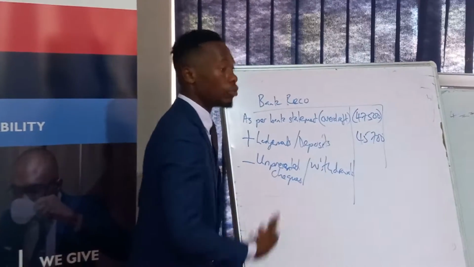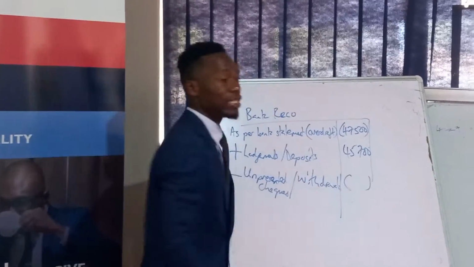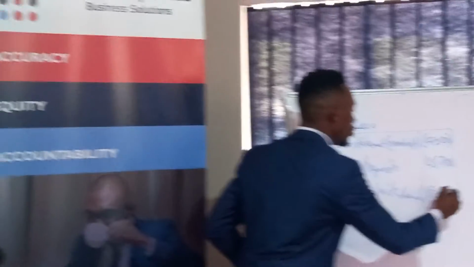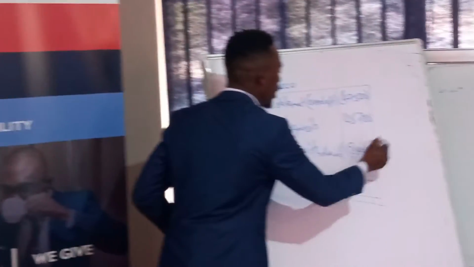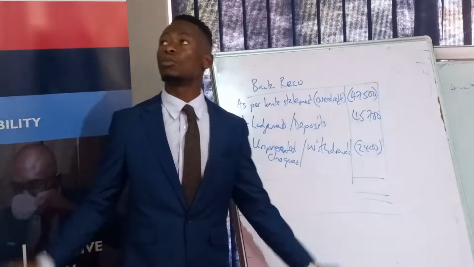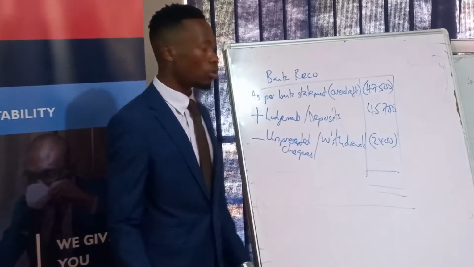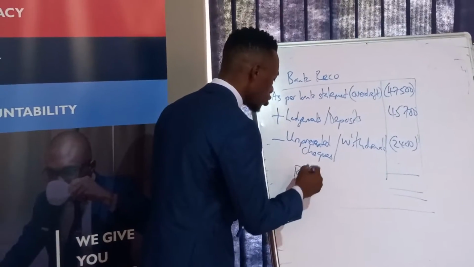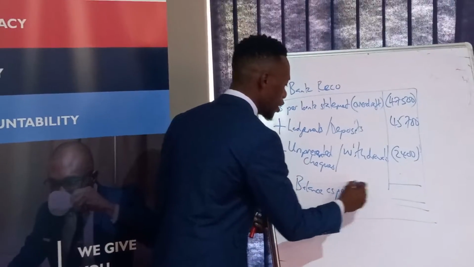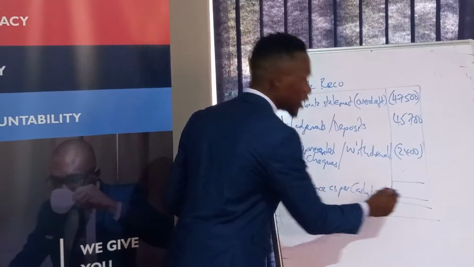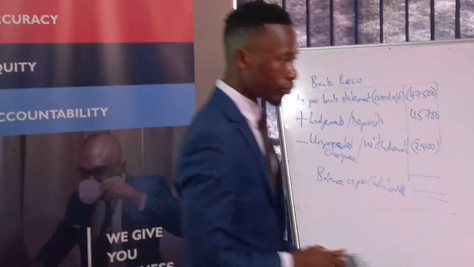These are withdrawals, so they reduce the money that is in your bank. So 2.4 you less. Are you seeing that? I'm preparing my own account. I'm not following what the bookkeeper did. It was all wrong. So when you correct, you get the balance as per cash book, the correct balance, not the one that the bookkeeper gave us.